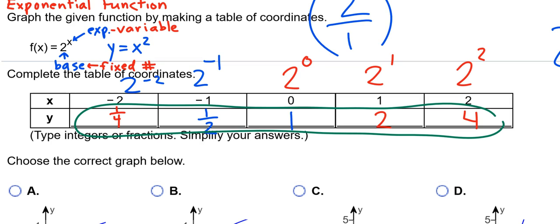If you're always cutting it in half, you're never going to get there. Will you be close? Yes, but you'll never get there. Because it's always half, half, half. Okay?